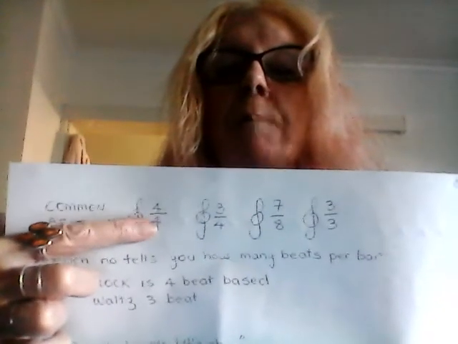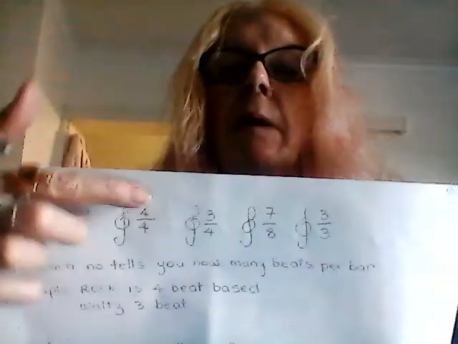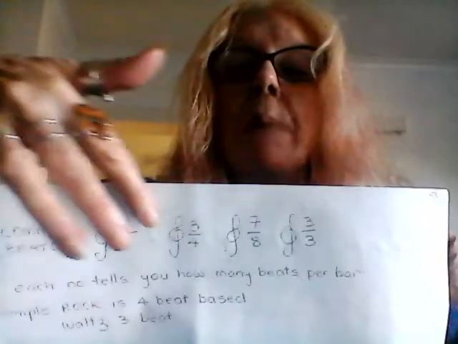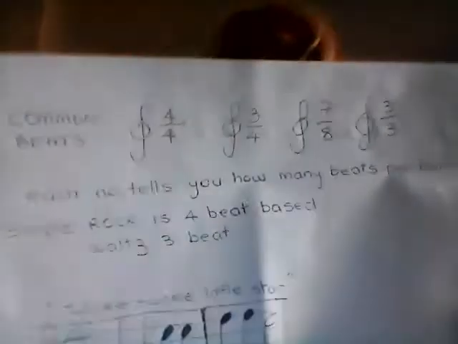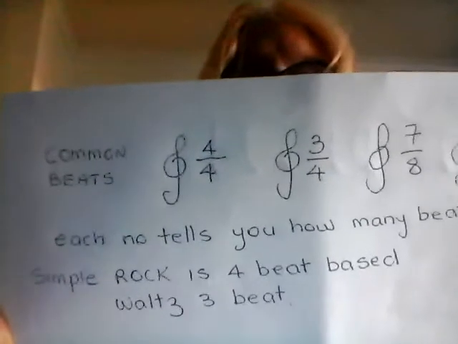So that's 4 beats in 4. And these are the common types of beats. Each number tells you how many beats per bar. Simple rock is 4 beats, or it could be 16, but it's things of 4. A march is usually 3 beats.